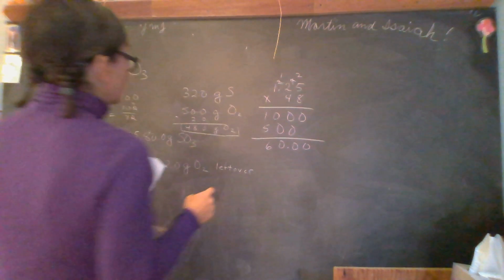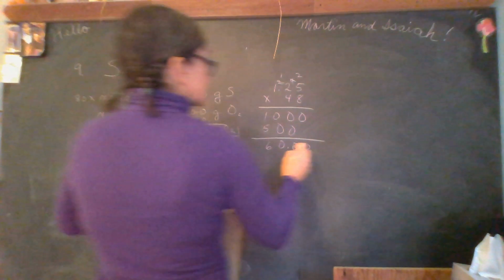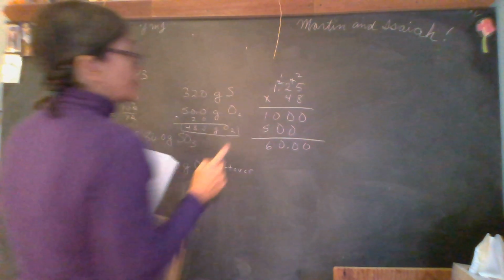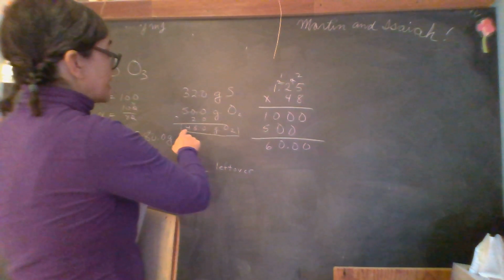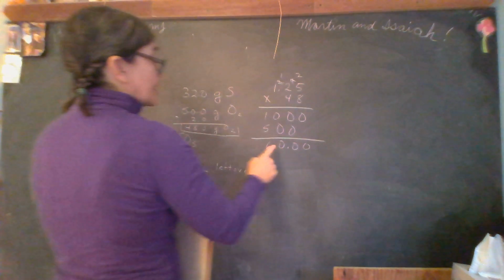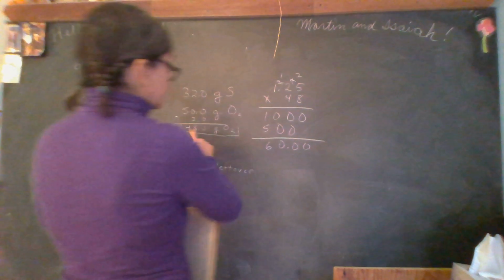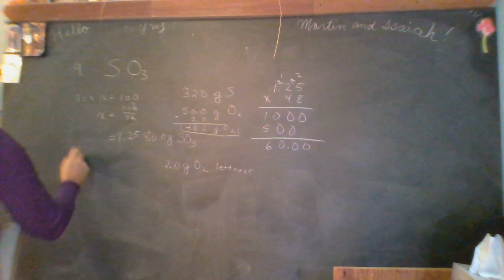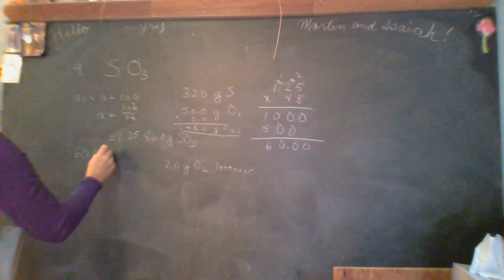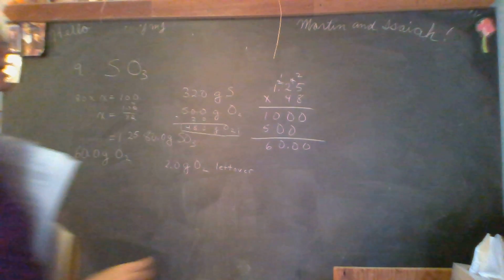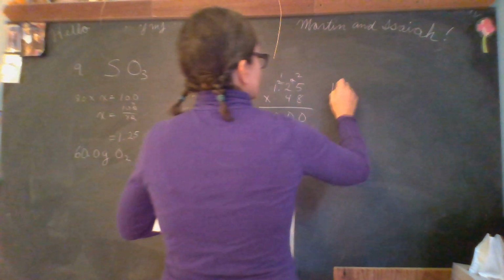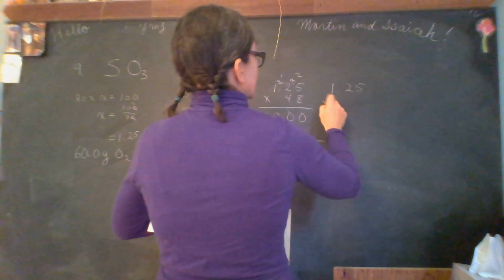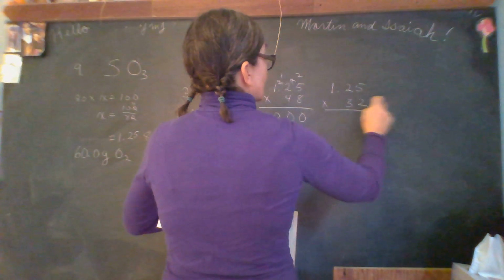So for the oxygen, now we need to look at significant digits. It's 48.0 grams of oxygen, so this is going to be 60.0 because it's 3 significant digits. So we have 60.0 grams of oxygen. And also multiply the amount of sulfur times 1.25.